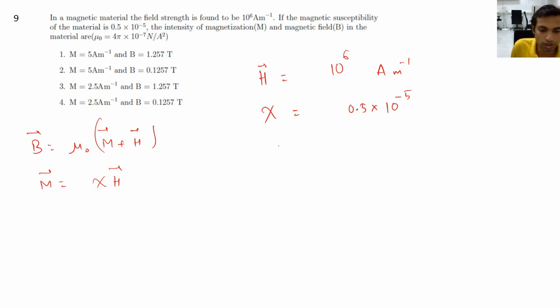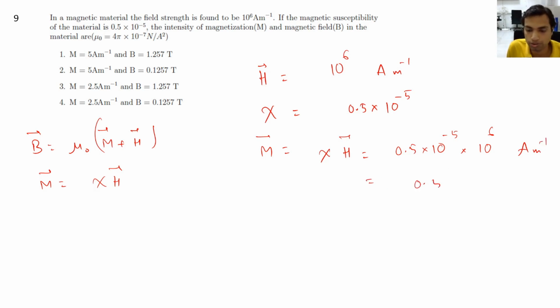So let us first calculate M. M is equal to chi times H, which means 0.5 into 10 to the power minus 5 into 10 to the power 6 ampere per meter. So it is 0.5 into 10 ampere per meter, which means 5 ampere per meter. This is your magnetization.